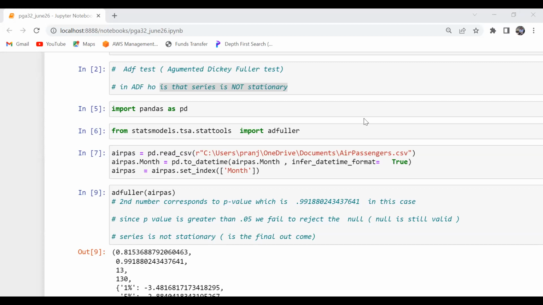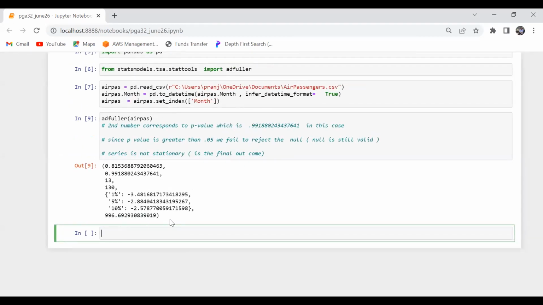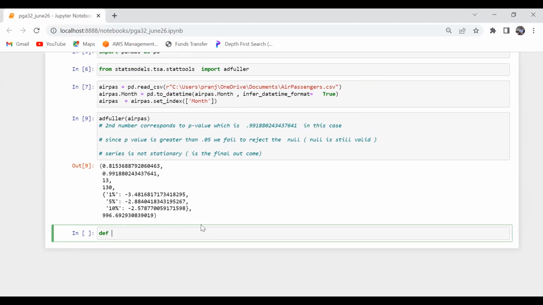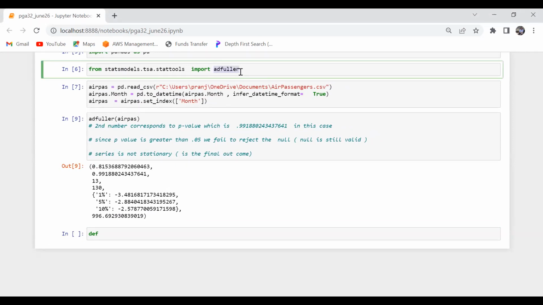Okay. Let's do one thing. Let's create a program, a def. प्रोग्राम का नाम क्या रखें भाई लोगों बताओ. Give me some अच्छा सा नाम. I can't take adfuller because it has a special name.